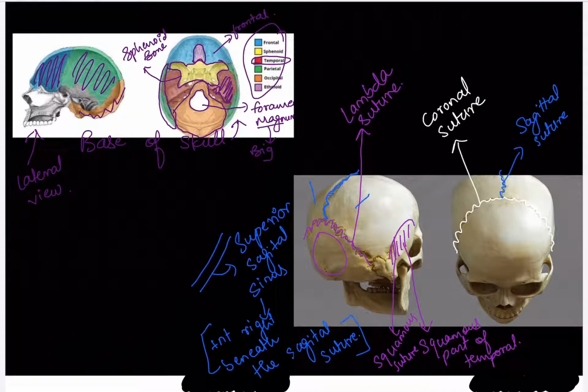Then can you see this part? This small conical shaped part coming out, with a few holes in between. Can you see that? That is called the mastoid process.